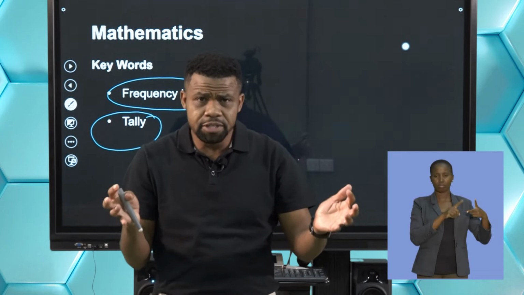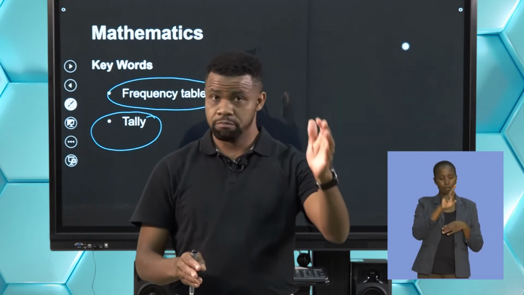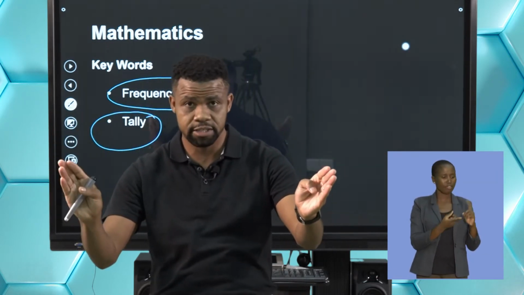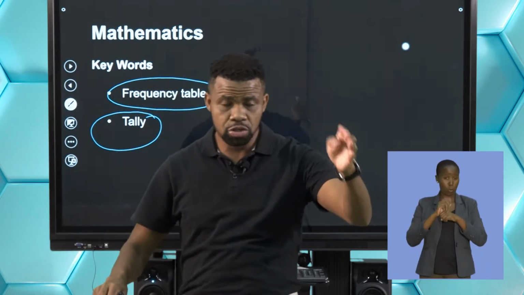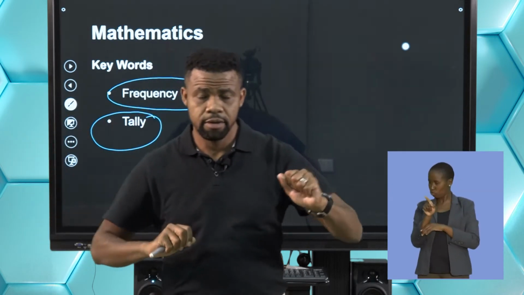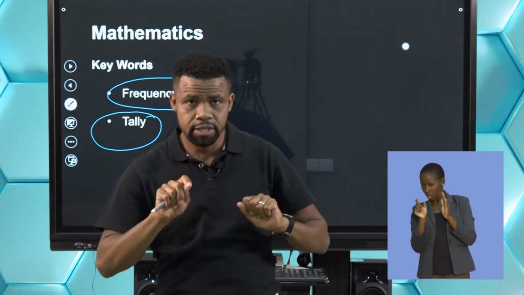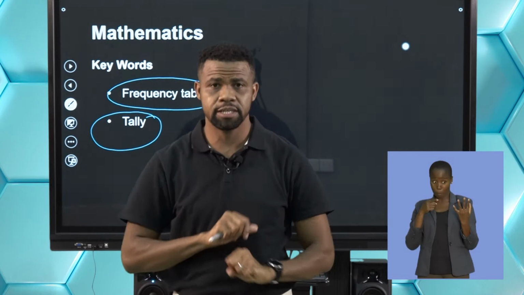So that is a frequency table. We have kids between the age of 0 to 9, how many actually died from COVID-19? You have a number. Between the age of 9 to 20, how many? Between the age of 20 to 30, how many? It's frequency. And that is the frequency table, okay?